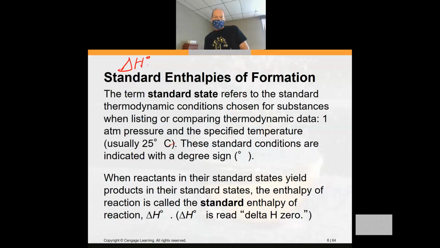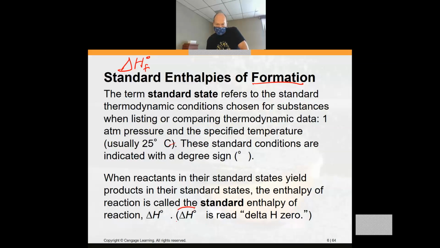Then you would put a little sub F for formation. So the circle is standard, enthalpies, delta H, of formation, sub F. What we're doing is making 1 mole of our product from elements in their natural state.